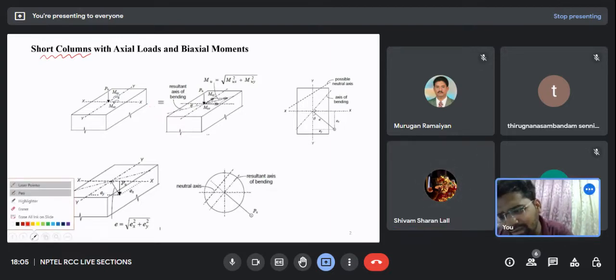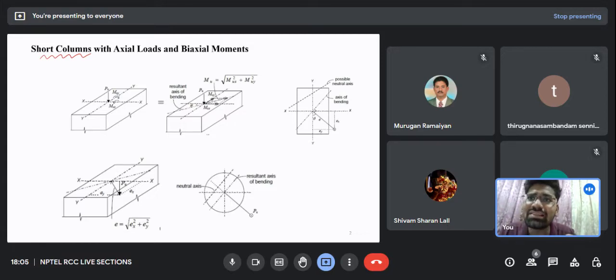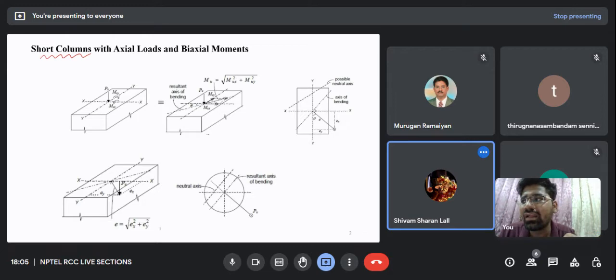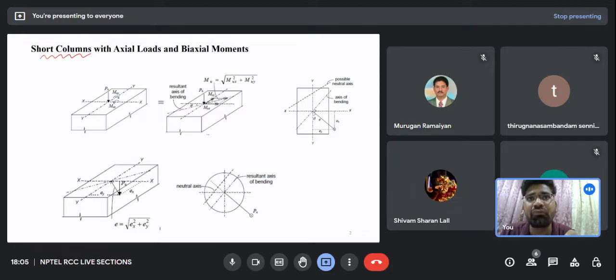Do we classify axes as major or minor based upon their buckling property? Slenderness ratio, I think. No, slenderness ratio is what we use to classify whether the column is long or short. Okay, let me answer this.